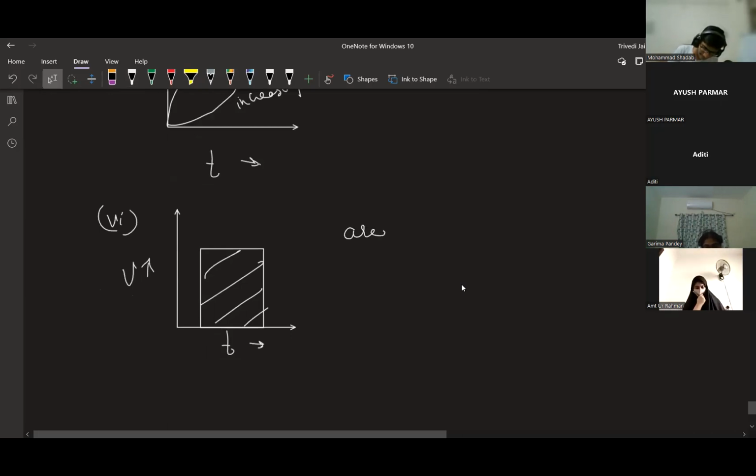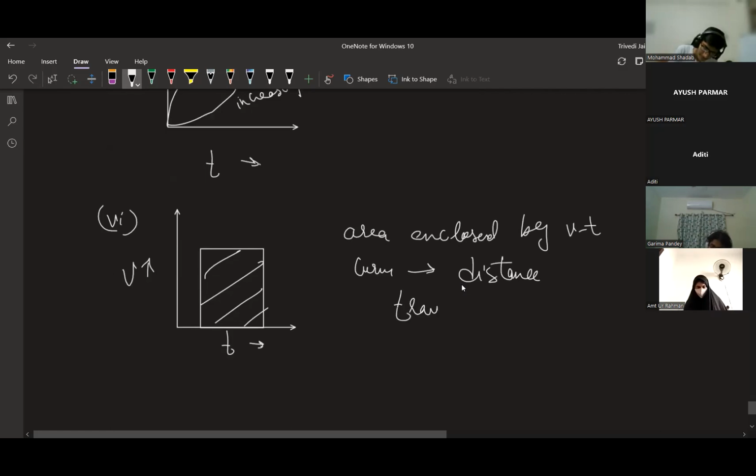So the area enclosed by the velocity-time curve represents distance travelled.